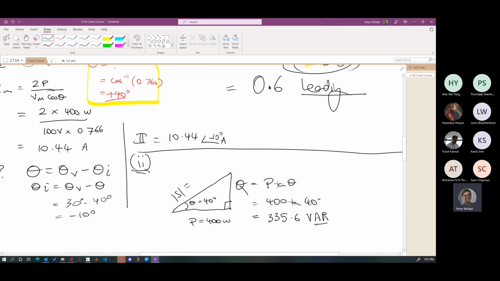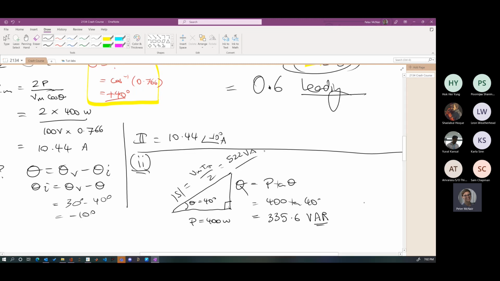This is our unit for reactive power. And apparent power is just Vm Im on 2, because we've assumed that these are max values. If you'd assumed they were RMS, it would just be V RMS times I RMS. I've got that as 522 volt amperes. And that's really all we need.